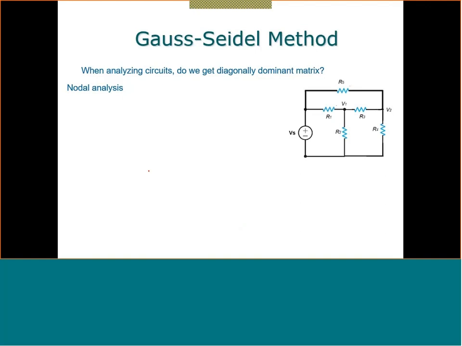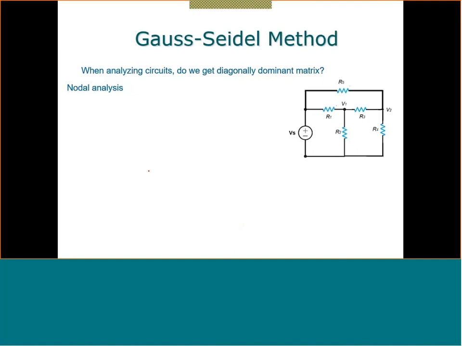Make sure that our system is diagonally dominant. Now, let me do this exercise with you. I will do nodal analysis, I will do mesh analysis, and I will do KCL and KVL. And this will show us some of the advantage of using nodal or mesh as compared to KCL, KVL that we never talked about in a circuit course.